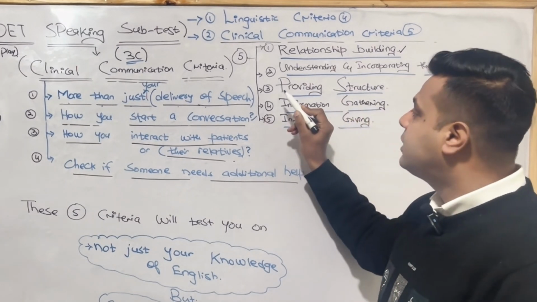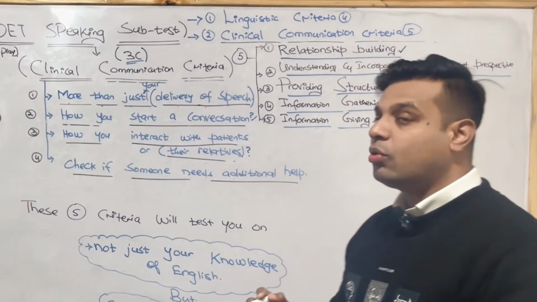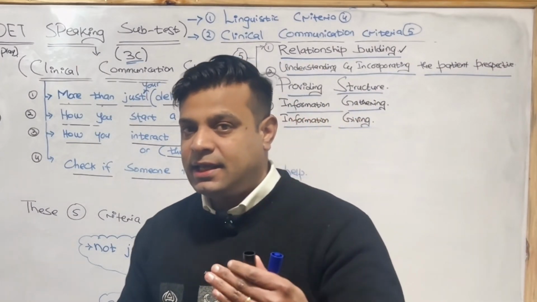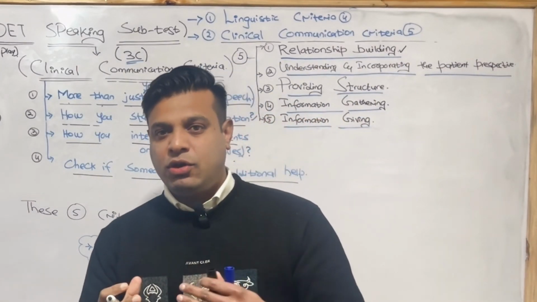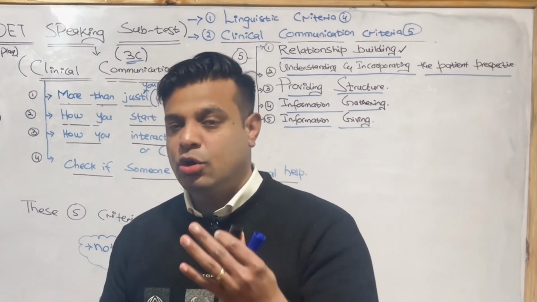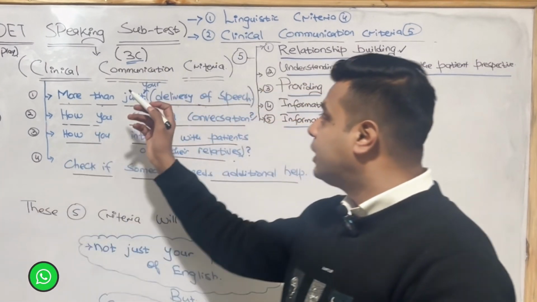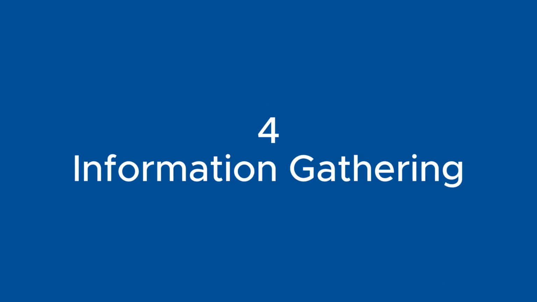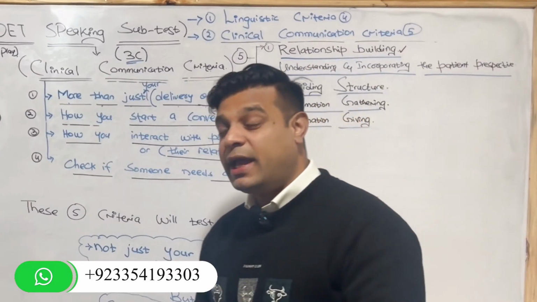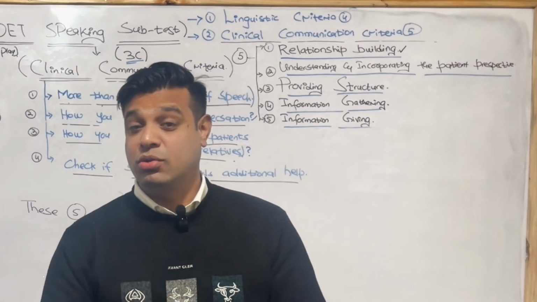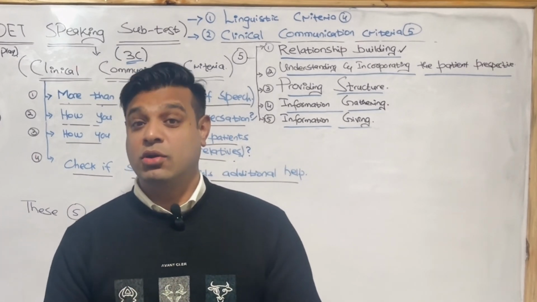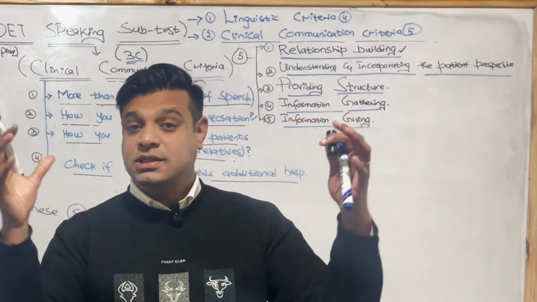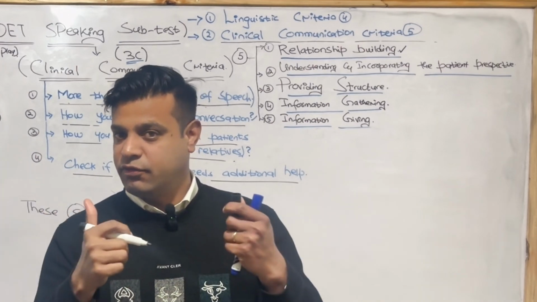The third criteria is providing structure: how you are providing your sentences, how you are using your vocabulary in clinical communication. The fourth criteria is information gathering: what type of questions you're going to ask the patient in order to gather selective or relevant information.